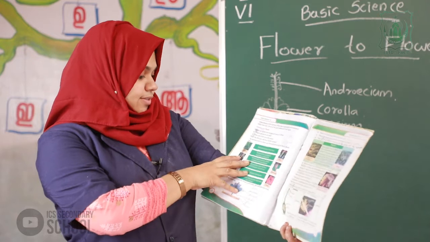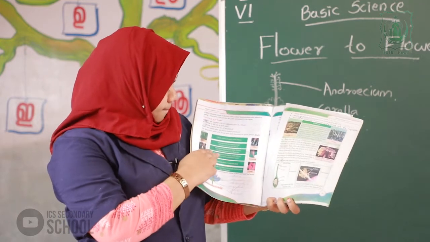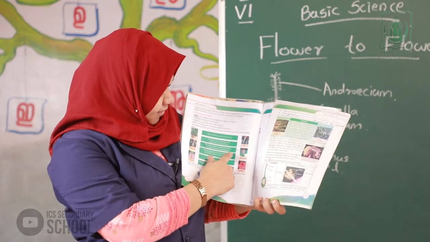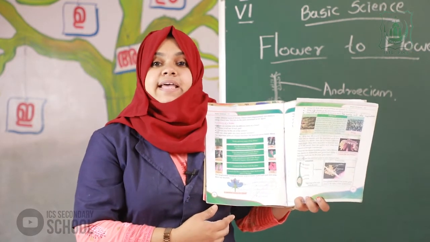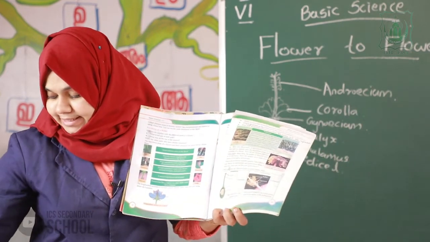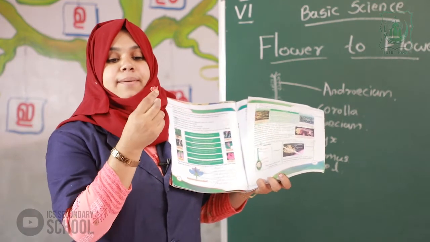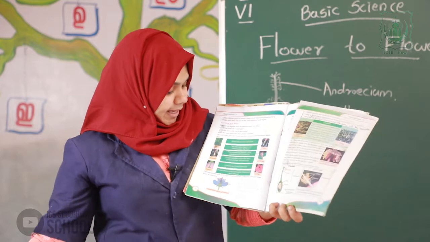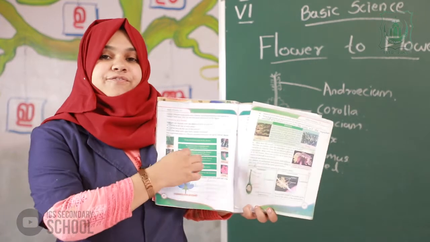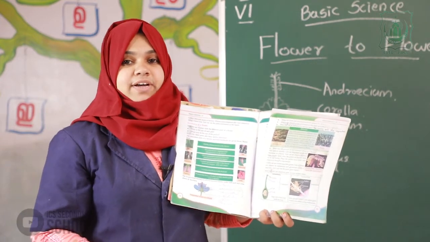Next, what is the male reproductive part of the flower? That is androecium. Next, what is the female reproductive part of the flower?